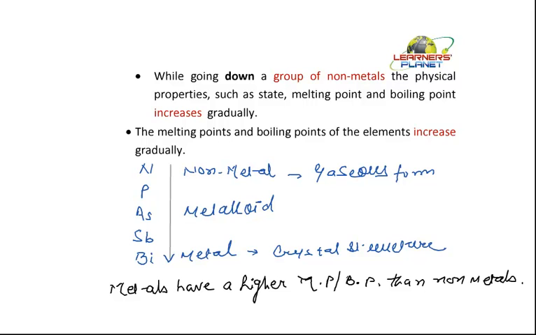So what is happening to the melting and the boiling points in non-metallic groups? The melting points and the boiling points of the elements increase gradually.